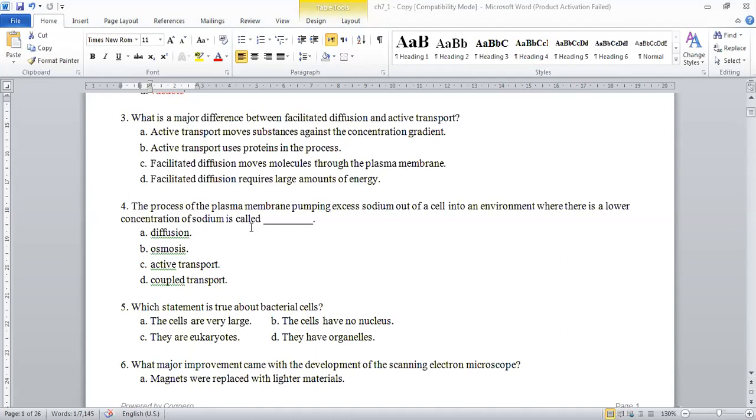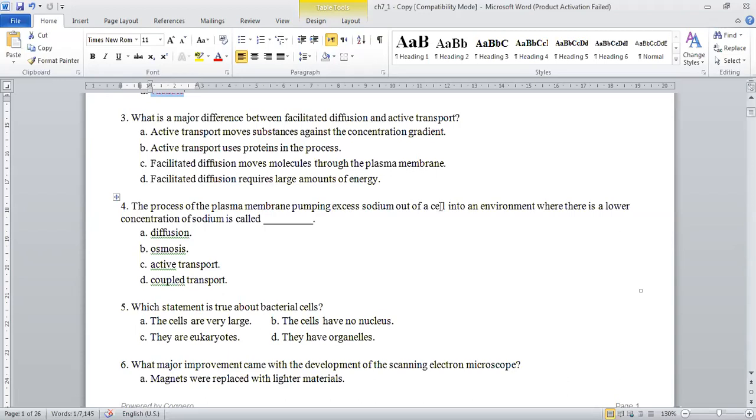A. Active transport moves substances against the concentration gradient. Read the choices. Why are you choosing it?